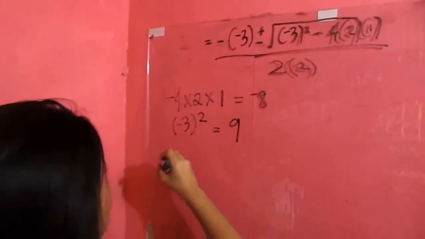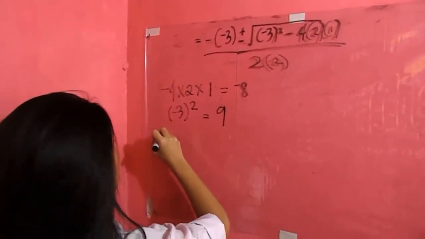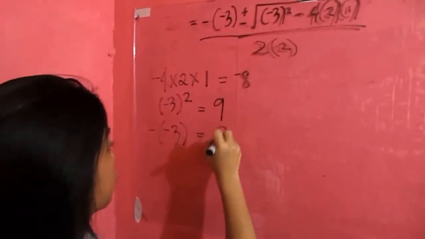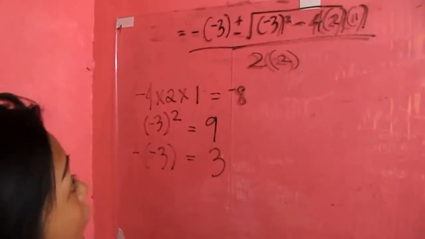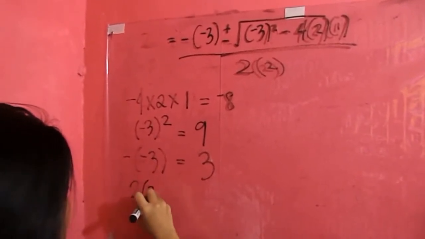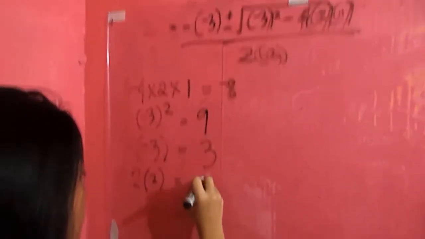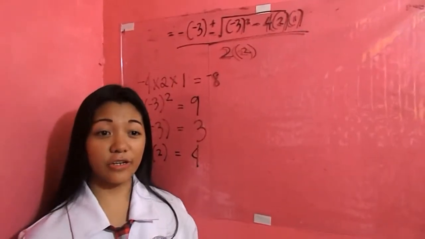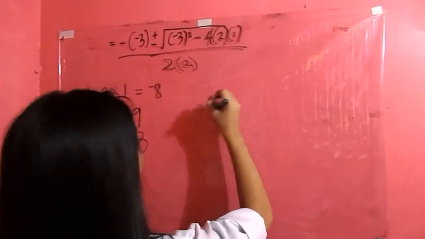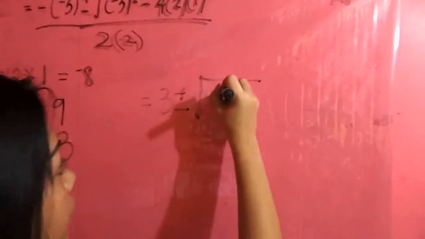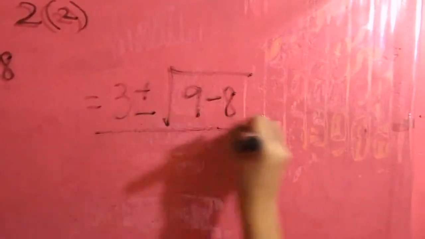Multiplying the negative by negative 3 is equal to 3. And 2 times 2 is equal to 4. So this is the result: 3, positive and negative, square root of 9 minus 8 over 4.